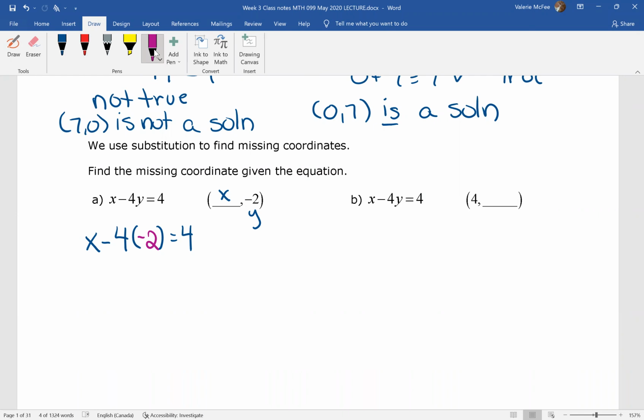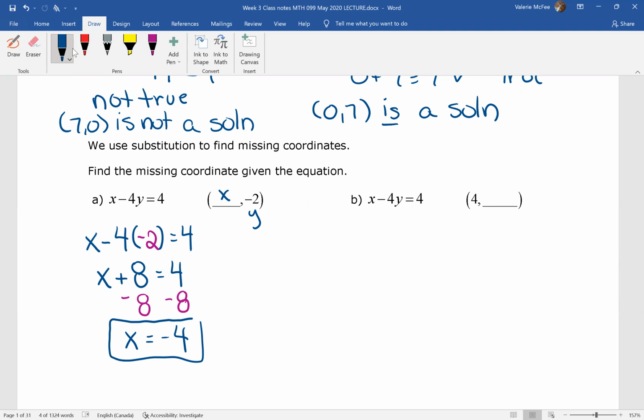Now we have the simple one variable equation that we practiced solving last week. -4 times -2 is +8. Subtract 8 from both sides of the equation. x is -4. So we're asked to find the missing coordinate. The missing coordinate was x equals -4. And so we have our ordered pair here now, -4 when y is -2.